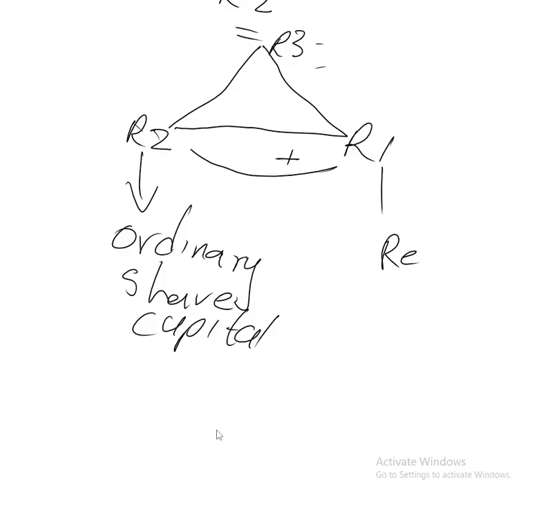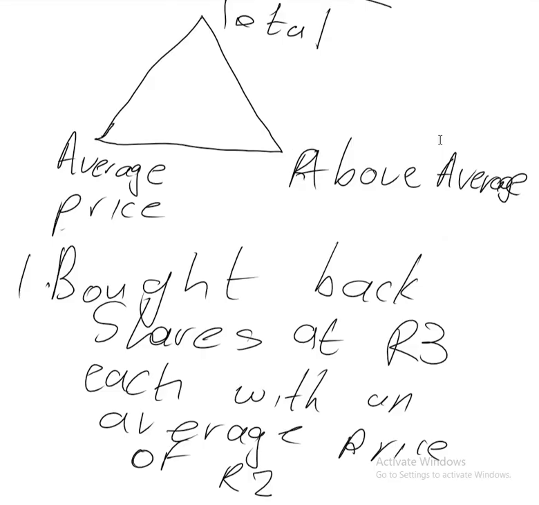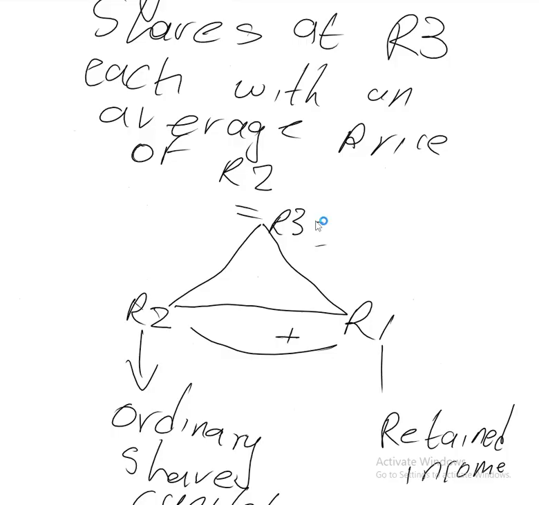Okay, so we said this one goes to the retained income. This one is your repurchase, and then this one goes to your cash flow statement. I mean, how easy is accounting? Can you see? Just a small triangle gave you everything that you need.